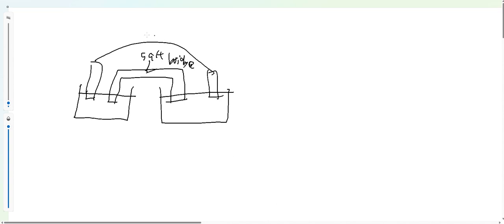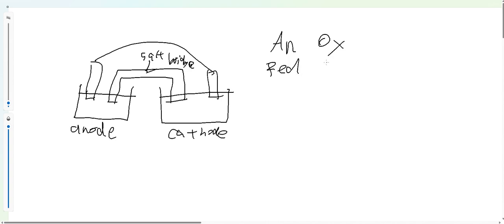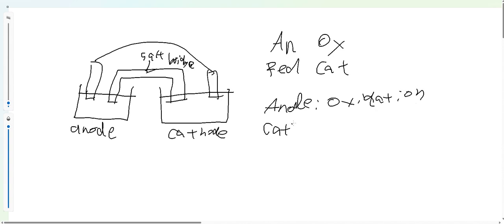So basically what this does, you have a half cell called an anode, another half cell called a cathode, and a salt bridge in between them. Now, what you can always do is remember the acronym "An Ox, Red Cat." And this will help you remember the anode has oxidation, and the cathode, that's the cat, has reduction.